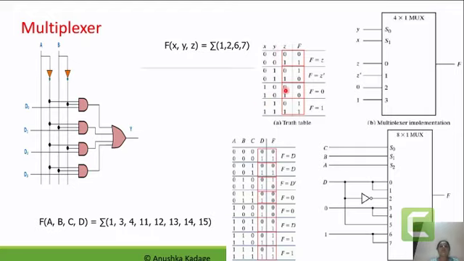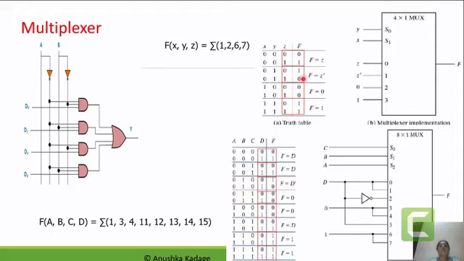Corresponding to these 8 input combinations, as per this min term function representation, the min terms which are present, only those we are going to mark as 1 in the function output of these three variables. So here we have the presence of the first, second, sixth and seventh min terms.